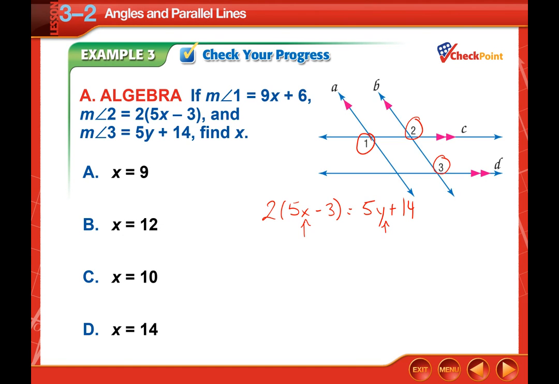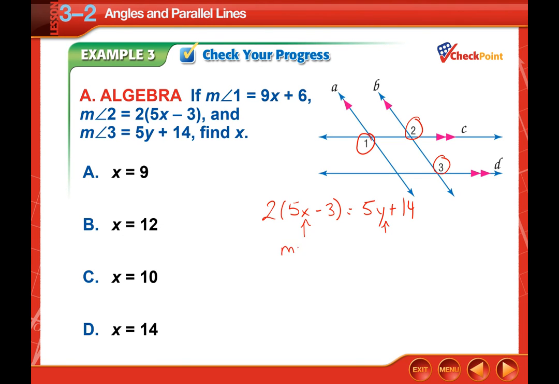If two parallel lines are cut by a transversal, then each pair of alternate exterior angles is congruent. So 1 is congruent to 2. That is theorem 3.3.